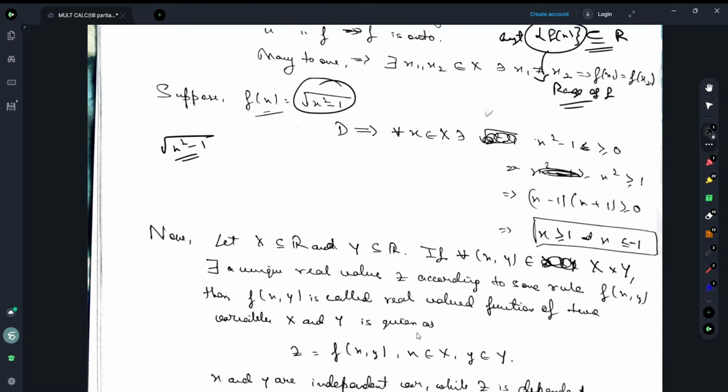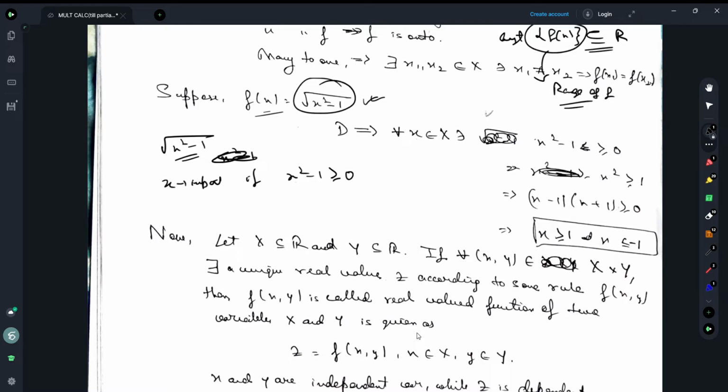We can use x as an input to this mapping if x square minus 1 is greater than or equal to 0, because if x square minus 1 is less than 0, then this becomes an imaginary, a complex number. It no more remains a real number.